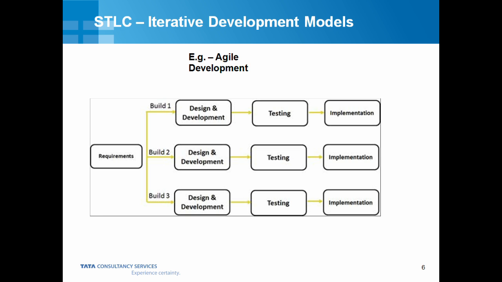So in this type of model, the stakeholders get enough confidence about how we are progressing, and they could very well go back and change the requirements also if needed. So it's pretty flexible these days, very cost effective, and we keep on getting reviews from the stakeholders at each phase within a build, and after the build as well.